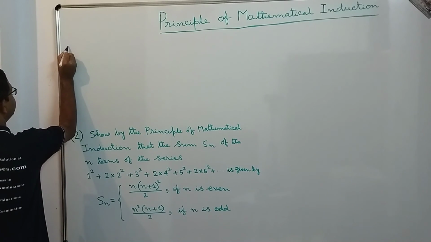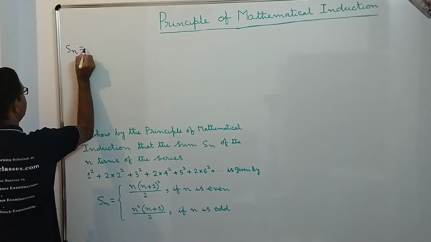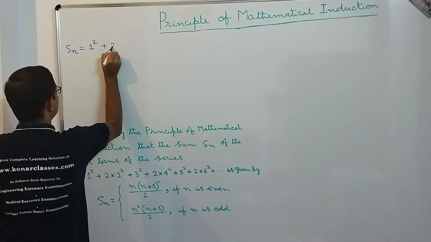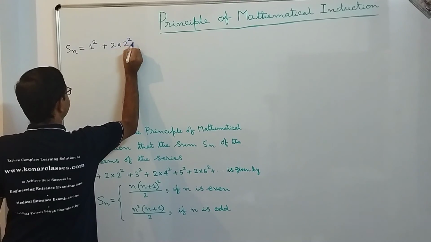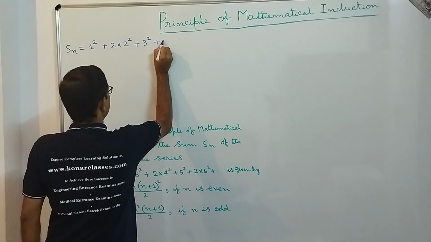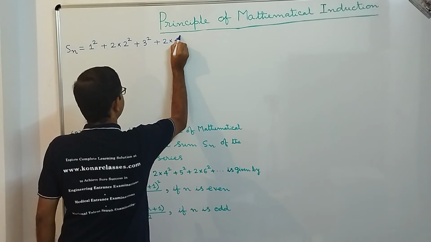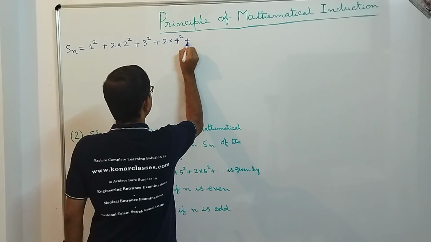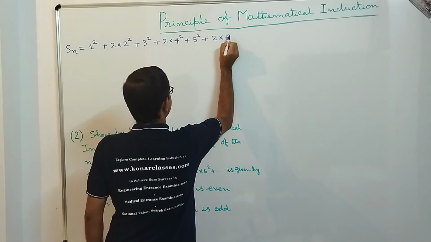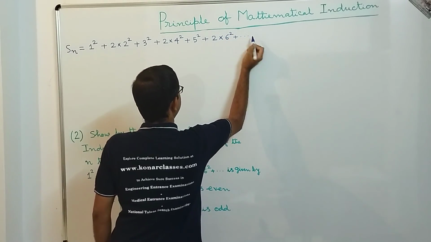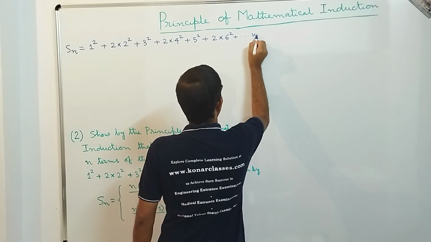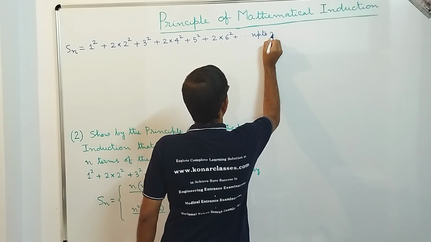Okay, if we write Sn is equal to 1 square plus 2 into 2 square plus 3 square plus 2 into 4 square plus 5 square plus 2 into 6 square plus, in that way it proceeds up to n terms.